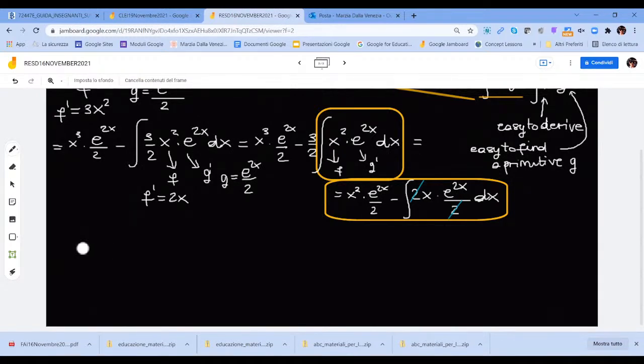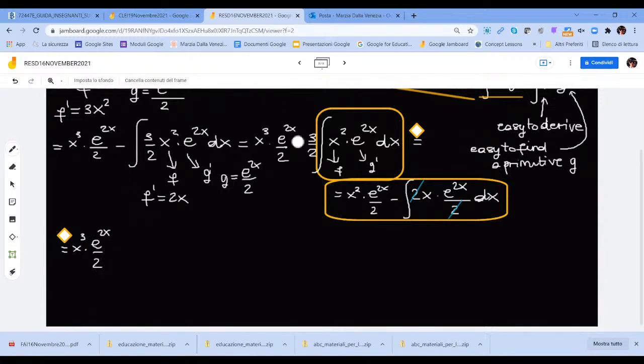Okay, so that equals, let's write this one. So what is this? This is x cubed times e to the 2x divided by 2.